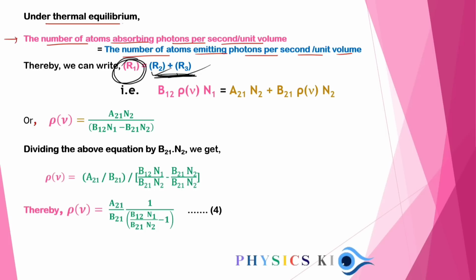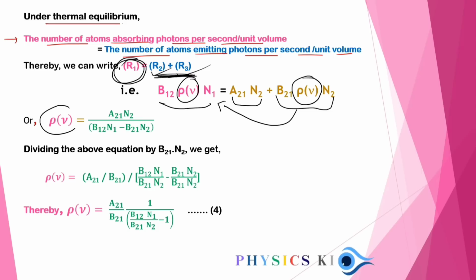So absorption is equal to emission. Directly write down the R1 value, this is your R2 value, and this is your R3 value. And now try to find rho v. Just take this minus this and take rho v common. So rho v is equal to this.